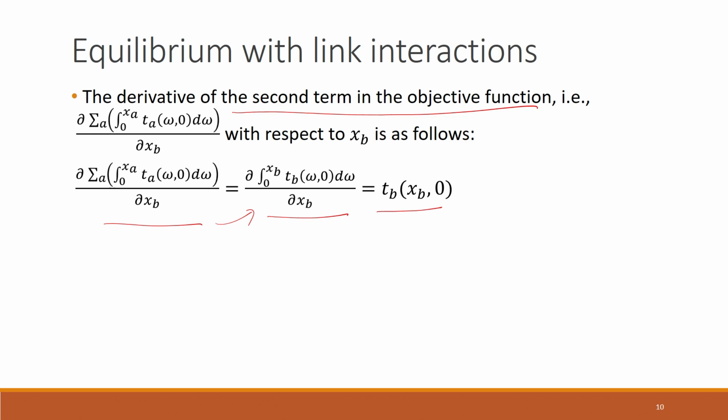Okay. So that is why the only link which is dependent upon the flow through link b is the one which is the same as link b. Okay. So that is why there is a single term here, and then with the use of the fundamental theorem of calculus we get this.